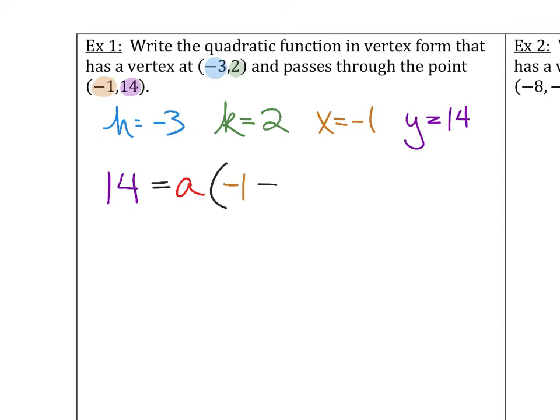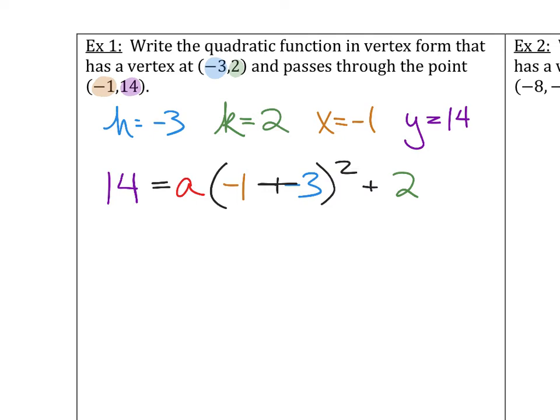What came next? h. Very good. So minus negative 3. Close parentheses squared. And then plus k. Yuck, I got a minus in there. What happens when you have minus a minus? You add them together. It's like a big plus sign. Okay, cool. That looks a lot easier for my brain to start doing PEMDAS.